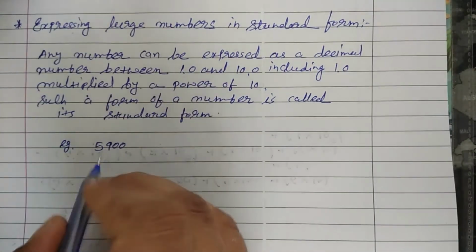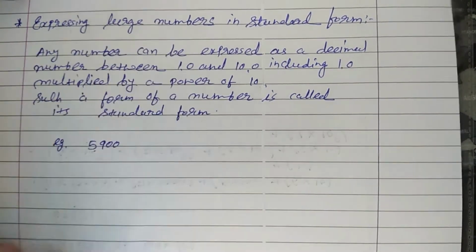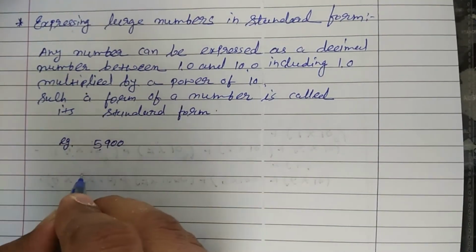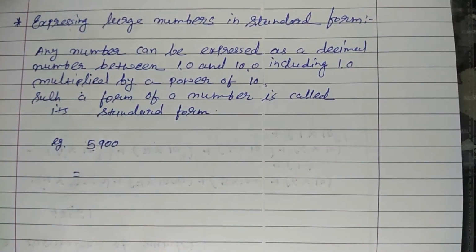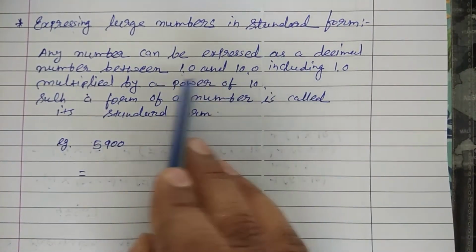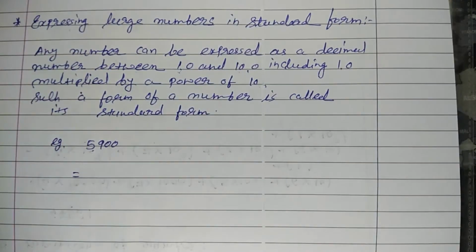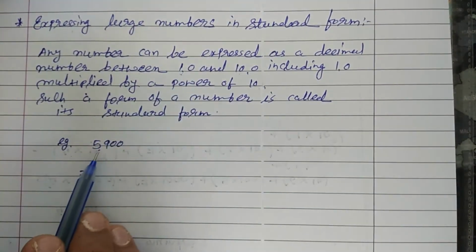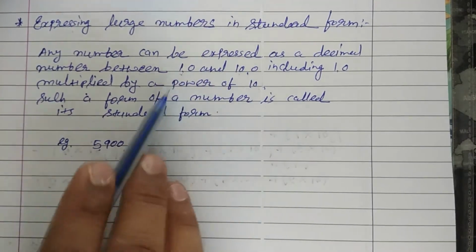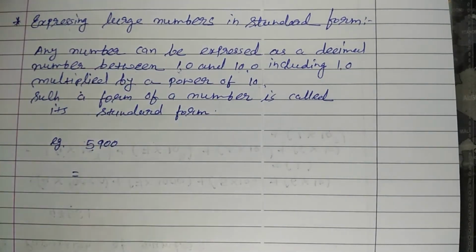Let's see this with an example. Here 5,900 is there. Now we will convert this number into standard form. What does the definition tell? The decimal number between 1.0 and 10.0. That means before the decimal point only one digit should be there.